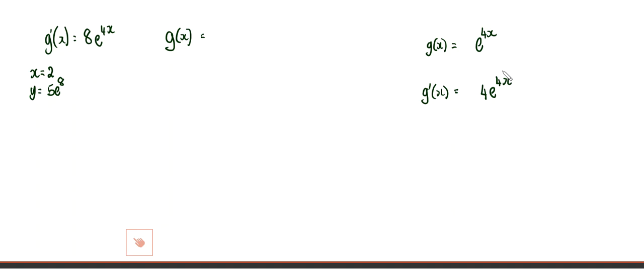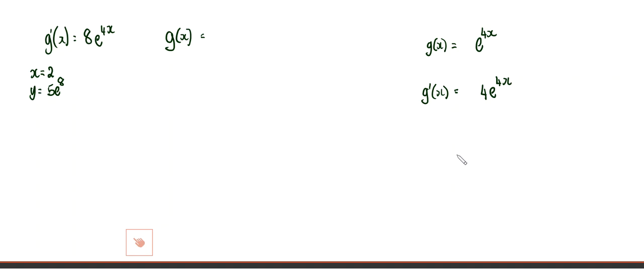Why? What rule have we used? Well, we've actually used chain rule again, no? Isn't it e to the power of x with 4x inside it? So we've differentiated the 4x and we've got the 4, and then we've multiplied by the differential of e to the power of x, which is e to the power of x. So we've got the e to the power of 4x, which replaces the e to the power of x, the substitution thing, and then we've got a 4.